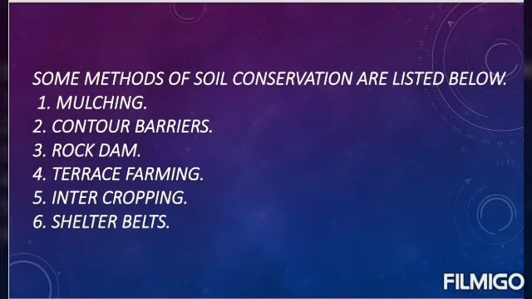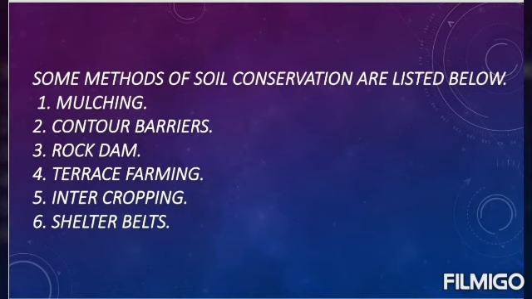The third one is terrace farming. Terrace farming means broad flat steps or terraces are made on the steep slopes so that flat surfaces are available to grow crops. The next one, intercropping.